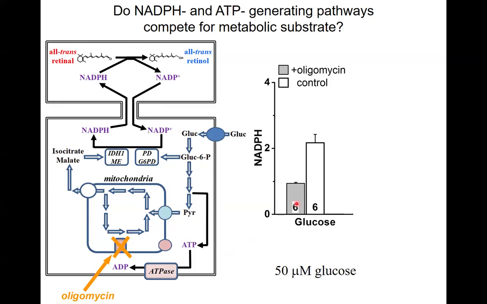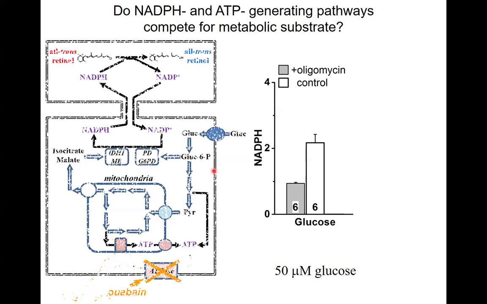And the ratio goes down, which you would expect. Mitochondria cannot make ATP, so glycolysis has to make ATP. So the little glucose that we have is diverted to make ATP instead of making NADPH.